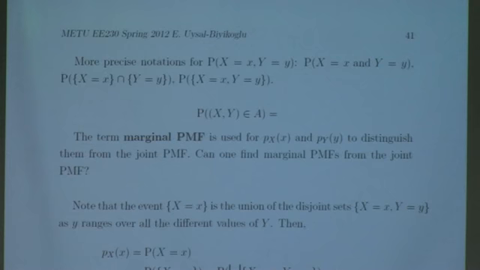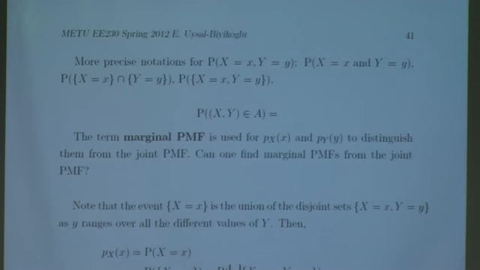That is called the marginal PMF of X evaluated at x1. This is the first PMF, the probability mass function that we defined. P_X(x) is the probability that the random variable X takes the value x.